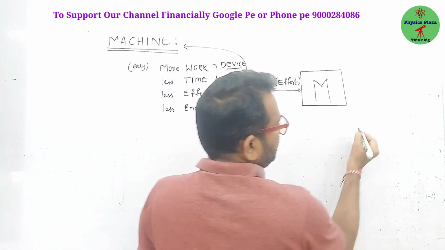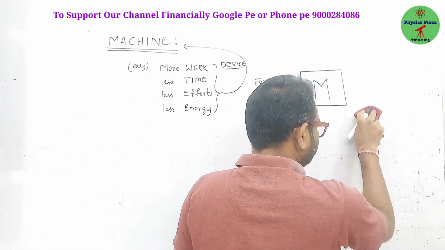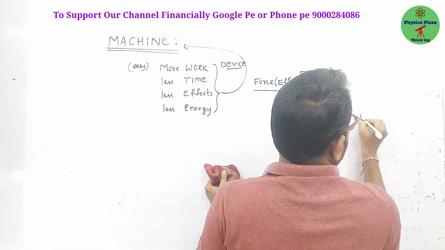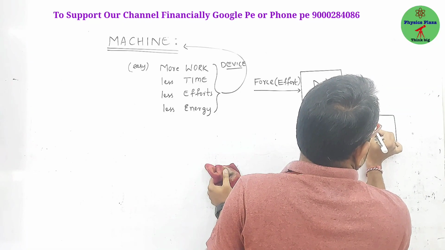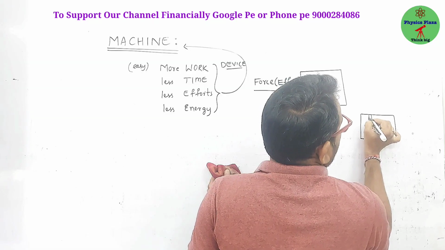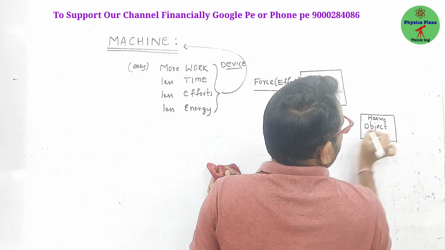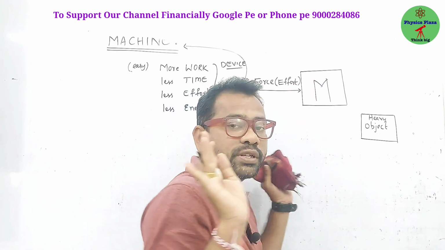Now suppose, children, there is some load here, some object. It is a heavy object and we want to lift it. For that, first we apply force on the machine. Now our job is done.